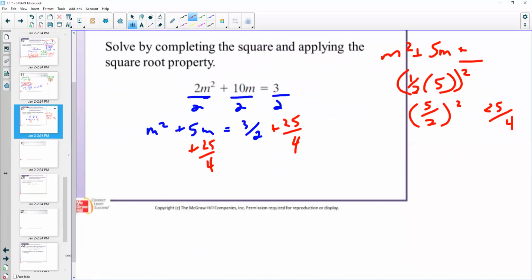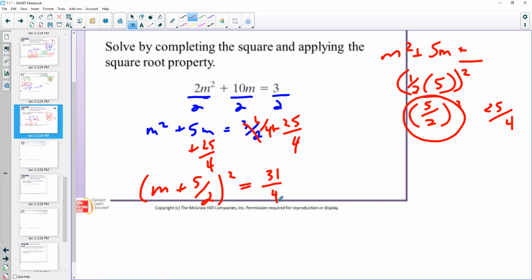So on the left, I'm going to make that a perfect square, and then I'm going to make it a binomial. M plus 5 over 2 squared. On the right, well, 3 halves is the same as 6 fourths. So 6 and 25 is 31 over 4. Right?